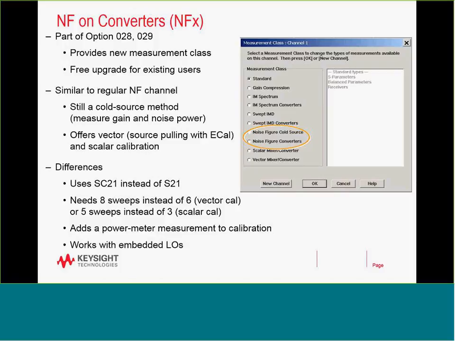Noise figure is also available on converters. The same technique of vector and scalar for both 29 and 28 are available to make those S parameters on receivers, down converters and up converters. So instead of S21, we'll be using SC21.